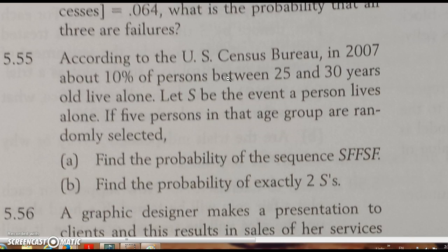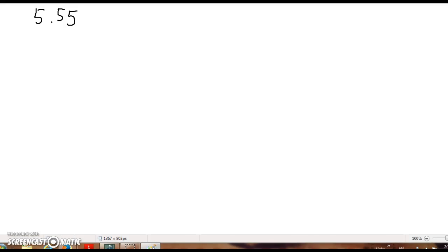F stands for failure, and in this case, it means a person does not live alone. So let's write down, we're going to use P to represent the success probability, which is 10%. P equals 10%, that's 0.1. So P here means success probability.